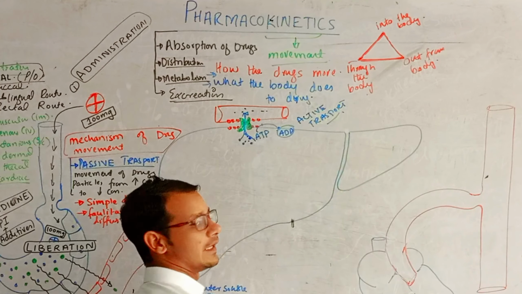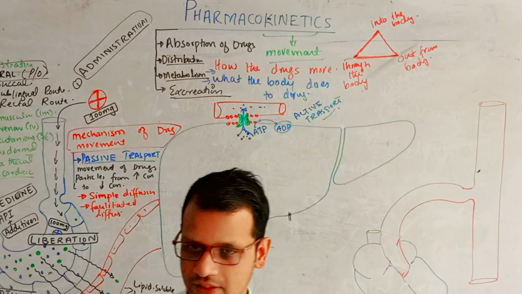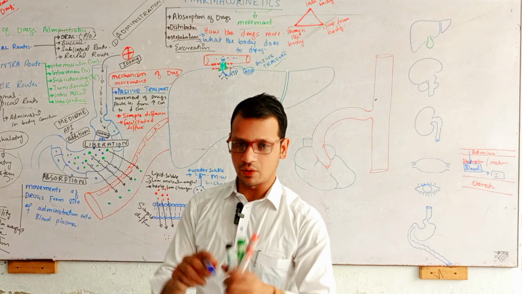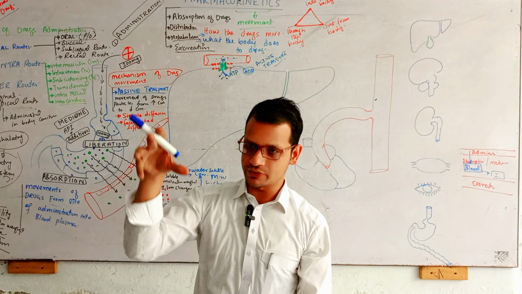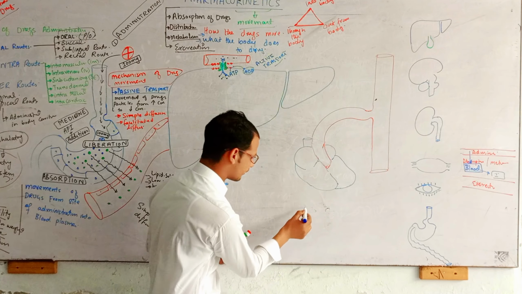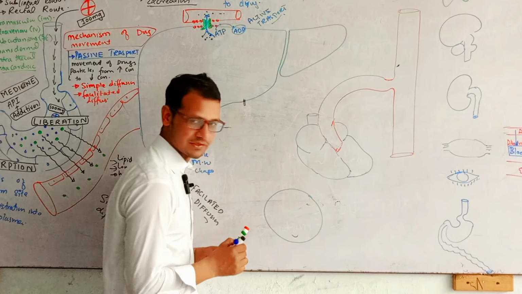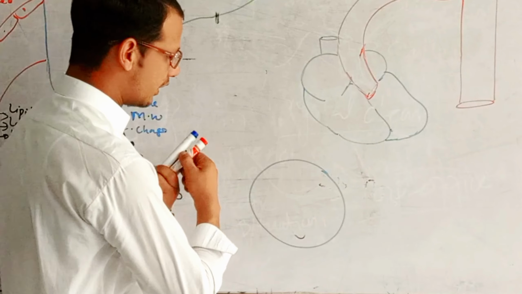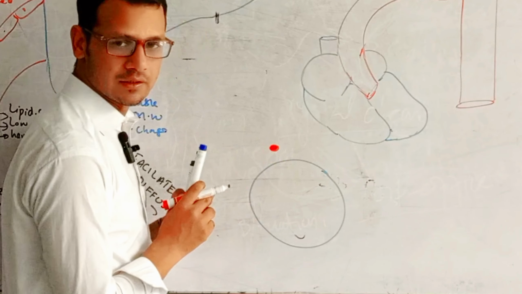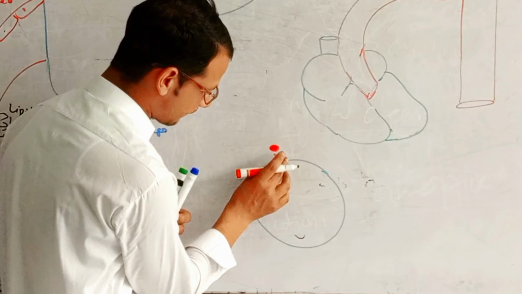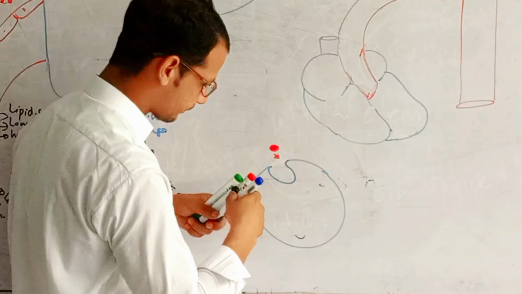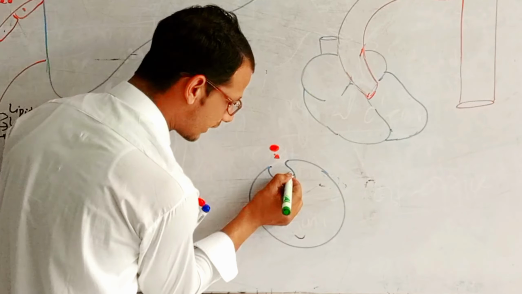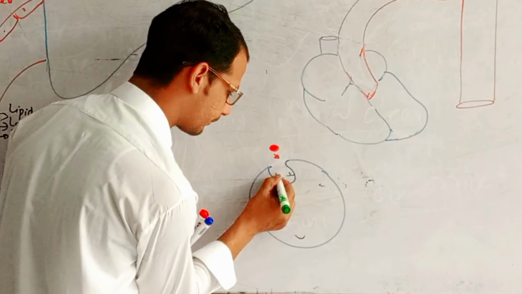The next is endocytosis. Endocytosis is when the cell membrane makes a vesicle around a drug and goes into the cell. For example, if we have a cell here and a very high molecular weight drug, it will come here and be enclosed in a vesicle, but here we have some receptors.